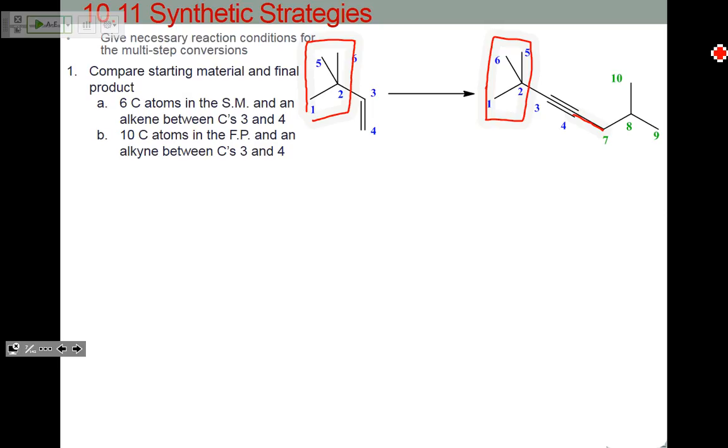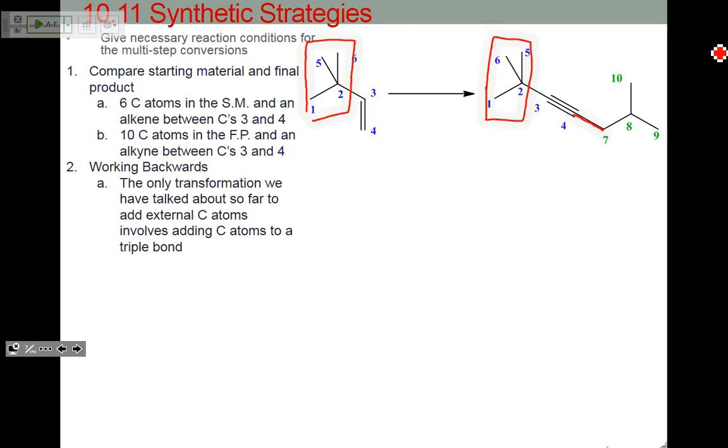But watch out, because once I form a triple bond, I could convert it to a double bond. So always look for that. In this case, I did. Triple bond is retained. So the only transformation that we've learned to form a new carbon-carbon bond between carbons 4 and 7 is through deprotonation of a terminal triple bond.